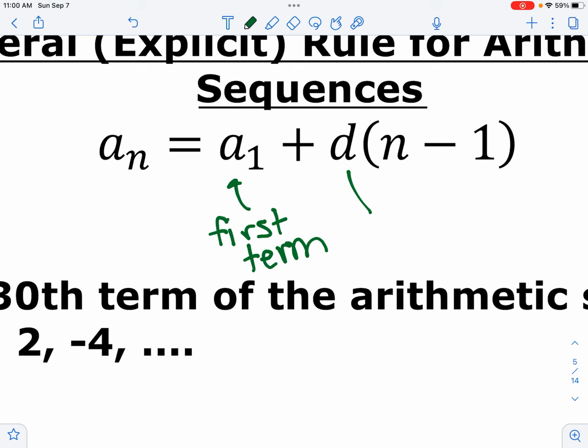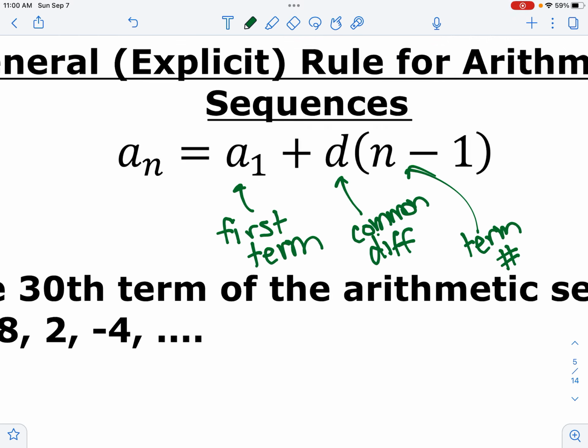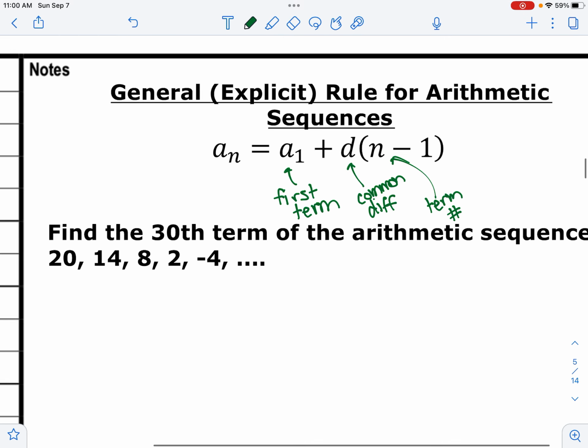This is your common difference. And then n is your term number. So maybe the 12th term or the 15th term or whatever. Okay, so that is the general rule for an arithmetic sequence.